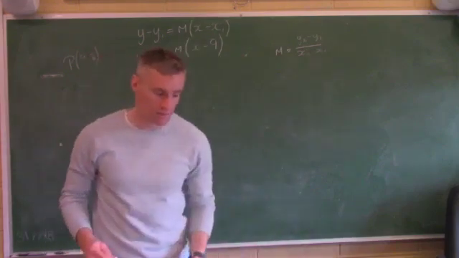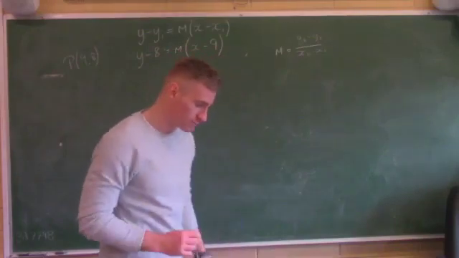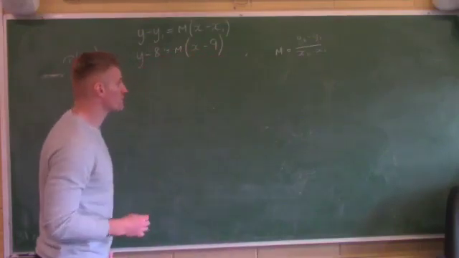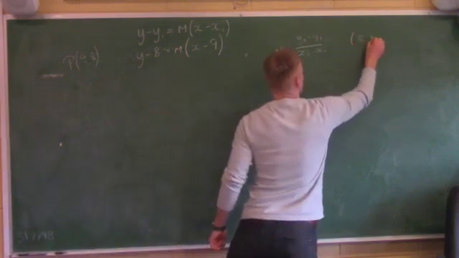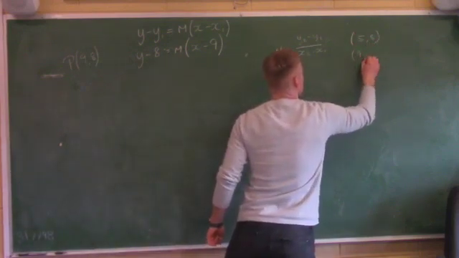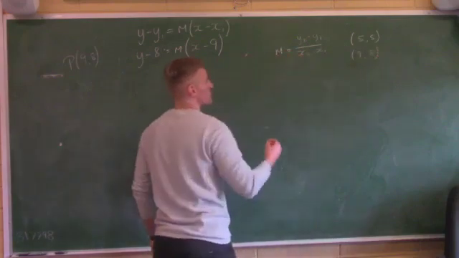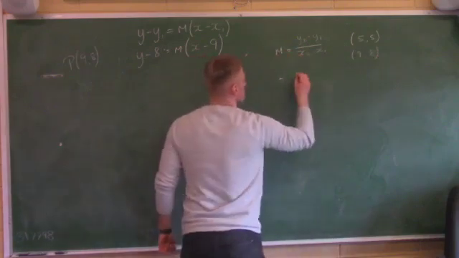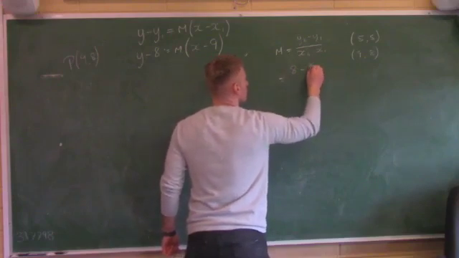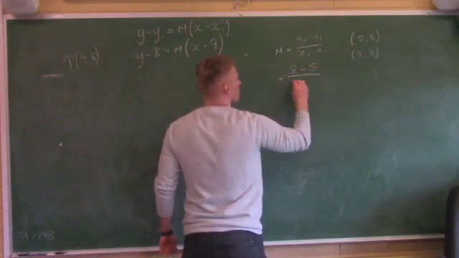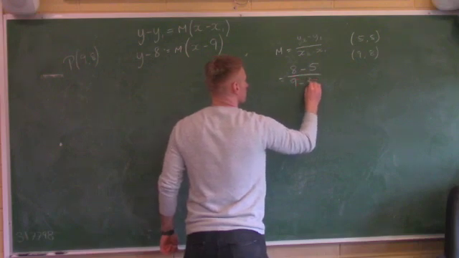Back to these log tables again. Page 18 we're on at the moment. So let's sub in my points. Remember 5, 5 and 9, 8 are the 2 points. y2 is 8 minus 5 over 9 minus 5.